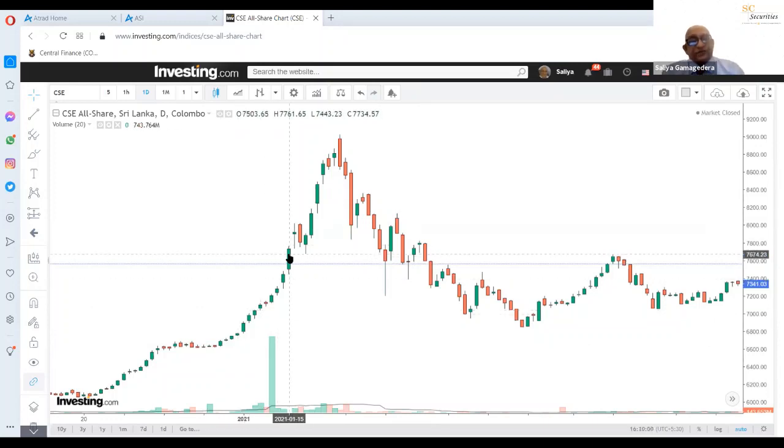Now here you can see that this uptrend pauses here and goes into a sideways move. The moment the price starts increasing and goes above the previous high, that is known as a breakout from the high.